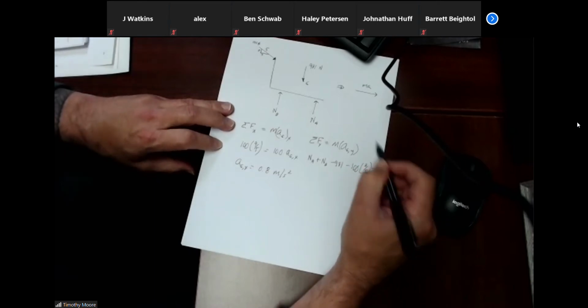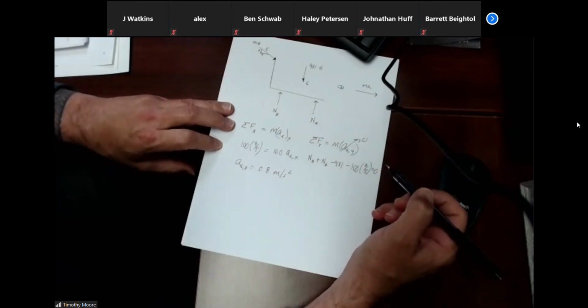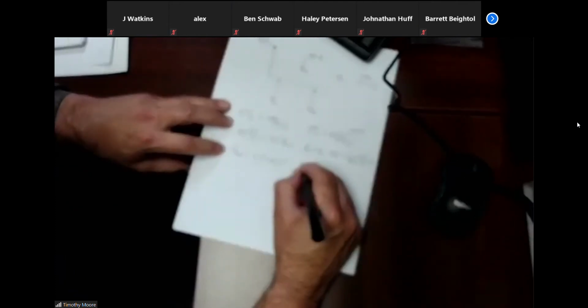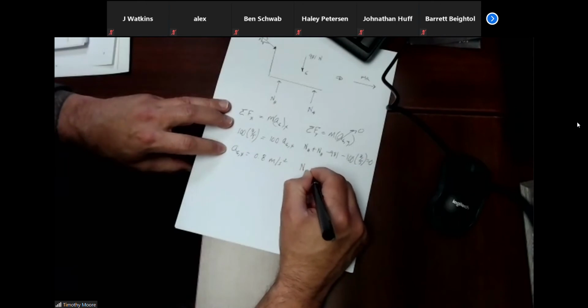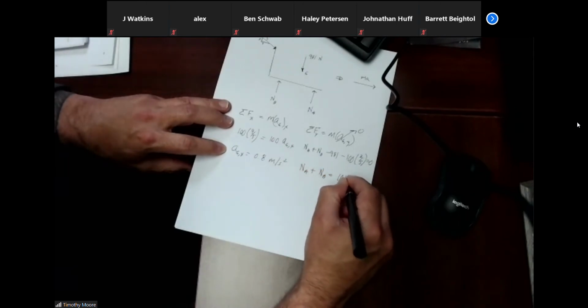The reason it's equal to 0 is because there is no motion in the y direction, so the acceleration in the y direction is 0. When you simplify this equation, you get that the normal force at A plus the normal force at B is equal to 1,041.